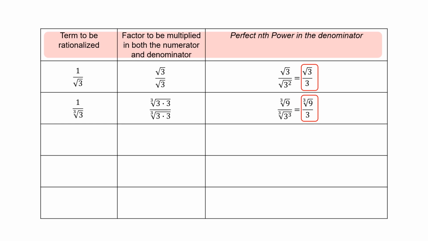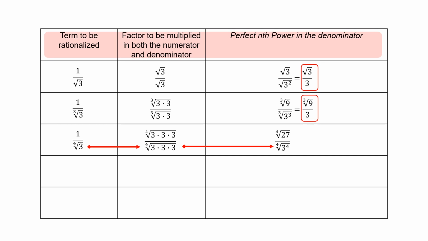Isa pang example. We have 1 all over the 4th root of 3. Tulad ng ginawa natin kanina, i-multiply lang. Sa numerator, 1 times the 4th root of 3 times 3 times 3, which is equal to the 4th root of 27. At sa denominator naman, the 4th root of 3 times the 4th root of 3 times 3 times 3, which is equal to the 4th root of 3 raised to the 4th power.